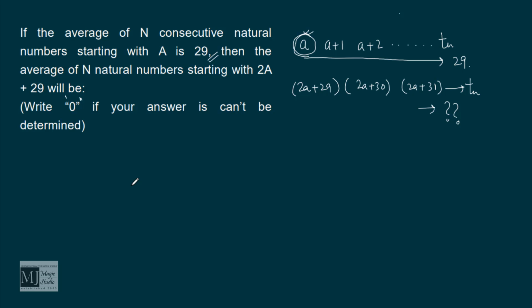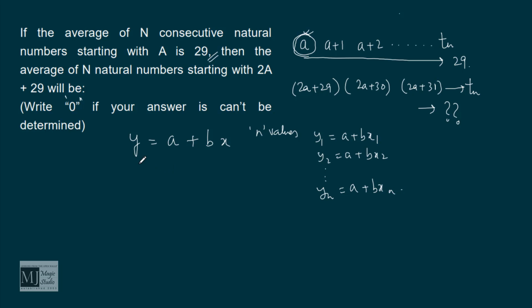See, sometimes we need to go beyond what we know about averages. Let me introduce you to something with the help of equations and averages, as far as measures of central tendency are concerned. So if two variables x and y are related, like y equals a plus bx, and if we are dealing with n such values where y1 equals a plus bx1, y2 equals a plus bx2, similarly yn equals a plus bxn, then y bar is equal to a plus b x bar.